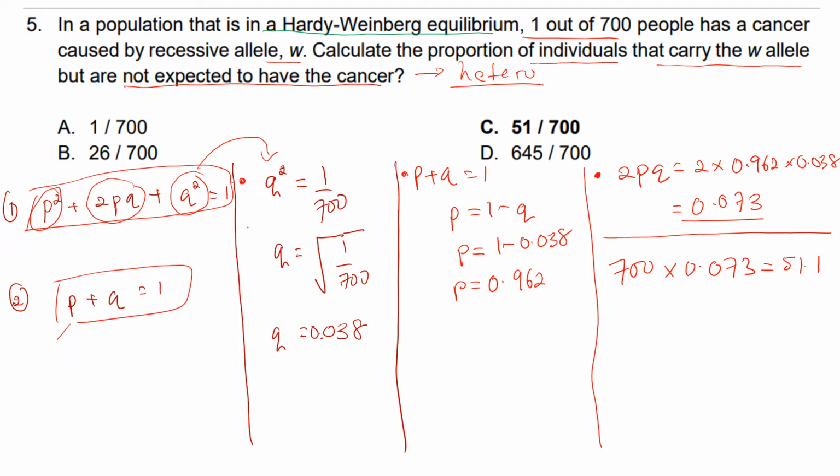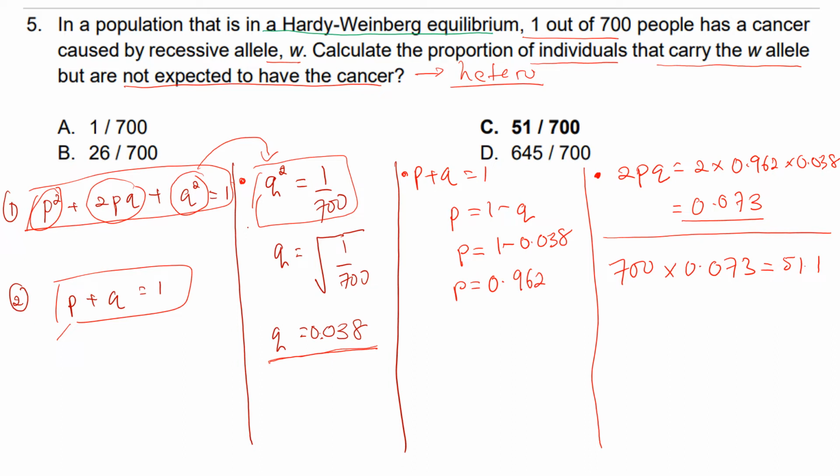From this, you determine the allele frequency of the recessive allele, the value of q, which is q equals 0.038. You just use your calculator. In the exam, you can use your calculator for this question.